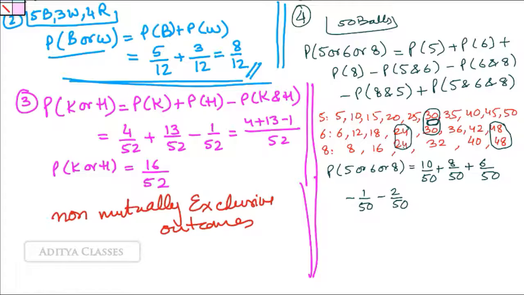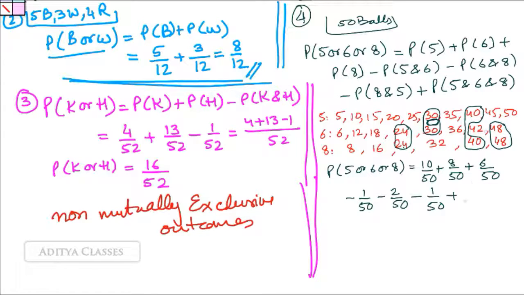And then in 8 and 5, if we see directly, there is this term 40. Prior to 40 there is nothing in common, so it will be 1 by 50. Then we need to add something which is common to all.